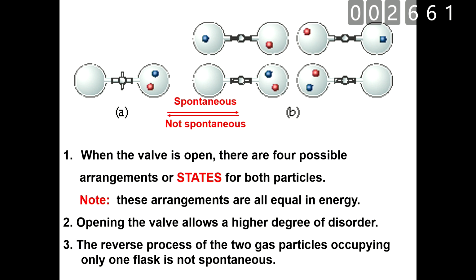Or if it becomes more disorder, it's spontaneous. So from right to left is not, because disorder decreases and there is no energy change. But the disorder or the entropy decreases, so it is not spontaneous.